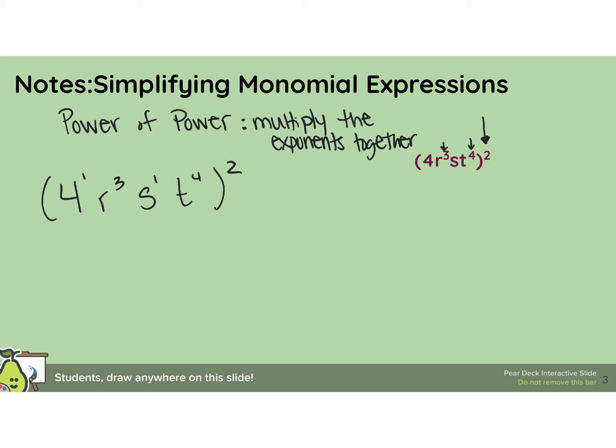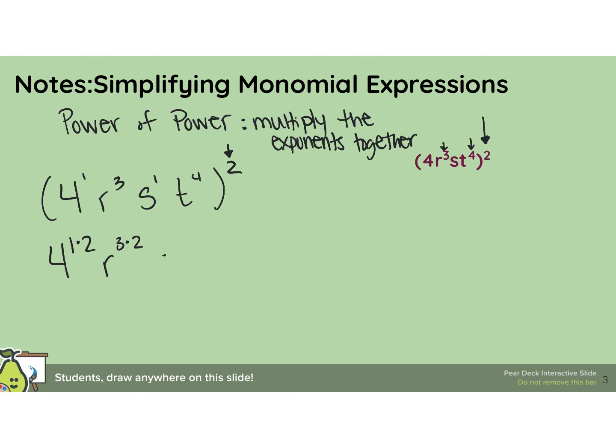So I'm going to write out what I'm doing, but for the rest of the problems, I'll probably just do it in my head. So I'm doing 4 and then 1 times 2. I'm doing R and then 3 times 2. All of my powers, all of my exponents are getting multiplied by the power of 2.